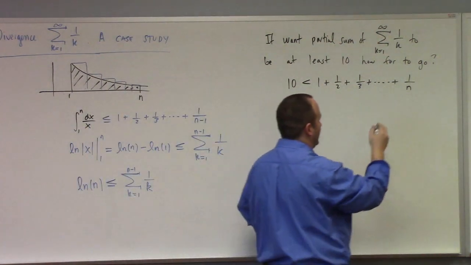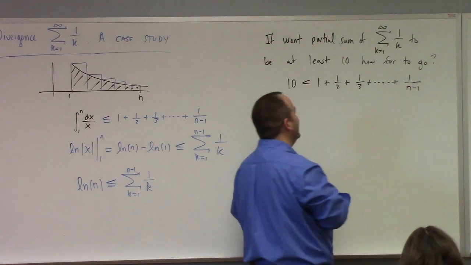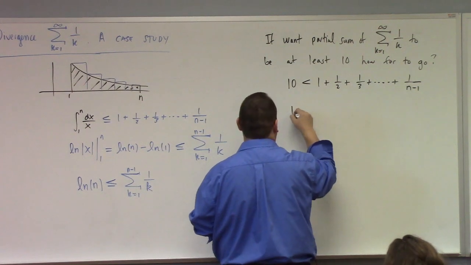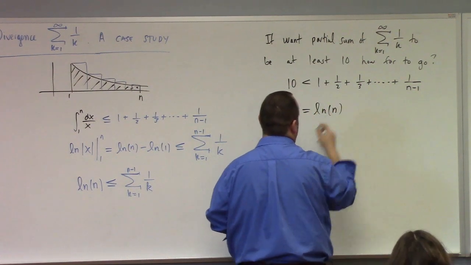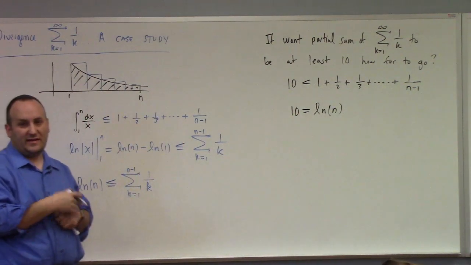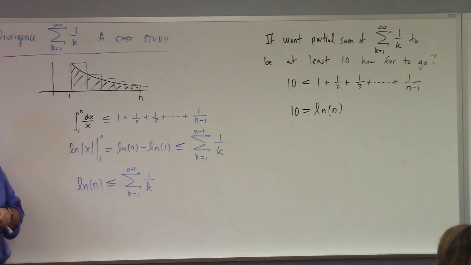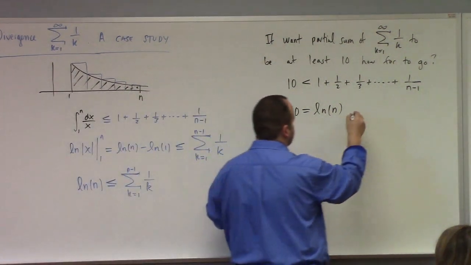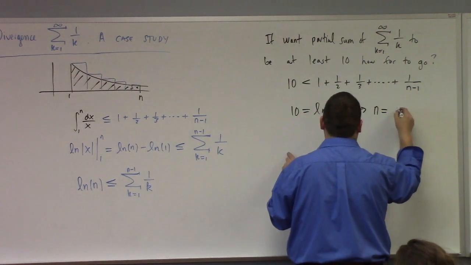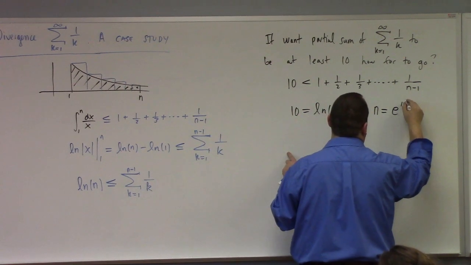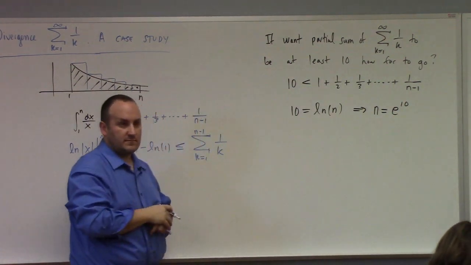To match my estimate, I guess I should put an n minus 1 here. I can just look at, if I make 10 equal to the log of n, that'll do it, right? That means that the sum, k equals 1 to n minus 1, is at least 10 for that n. What is that n? Looks like I could use n equals e to the 10th, yeah? How big's that?